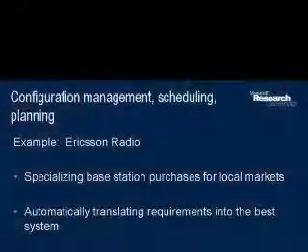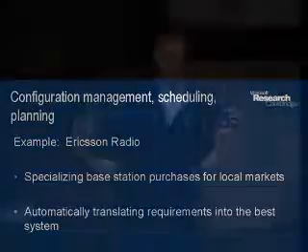Right? So this is, for example, happening at Ericsson Radio. They sell these base stations for mobile phone networks, and the telecommunications companies will make a purchase. They're from China or from Brazil, and then they have various constraints about what they want, with the characteristics of the base station that they want it to meet, and also they must meet the regulatory and standards of the particular region that they're in.